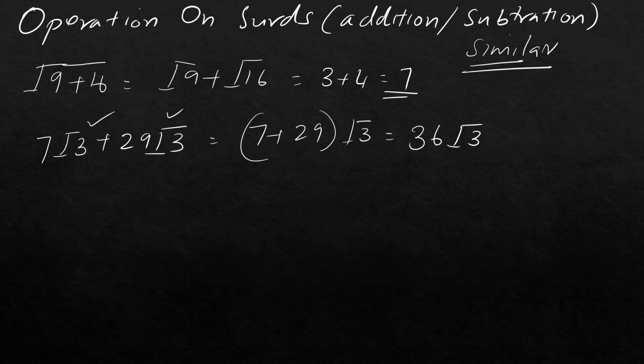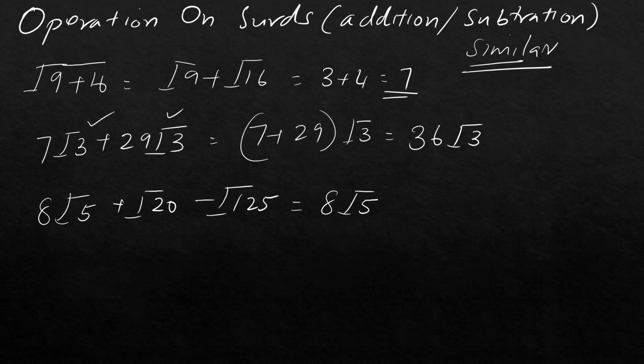For example, if there is an addition of surds given like this, 8 root 5 plus root of 20 minus root of 125, these are to be added. In that case, we find that these are not similar surds, at least by appearance, but we can simplify them. 8 root 5 will remain as 8 root 5 because root 5 is an irrational number. Root 20 can be written as root of 4 into 5.